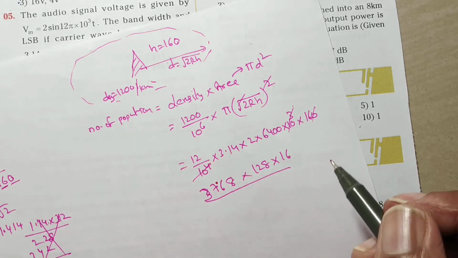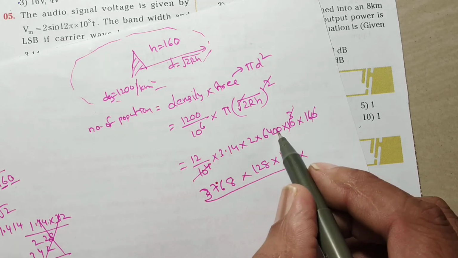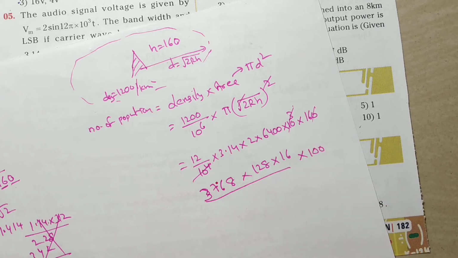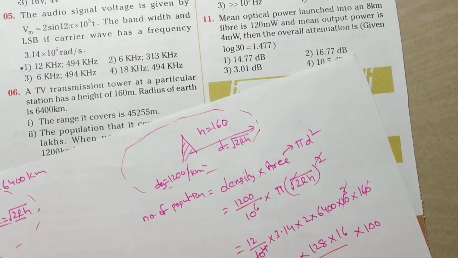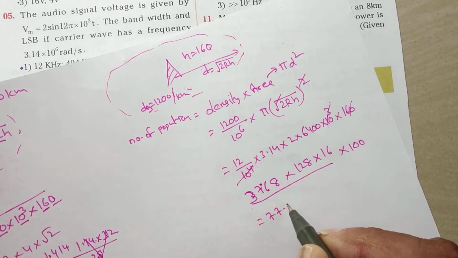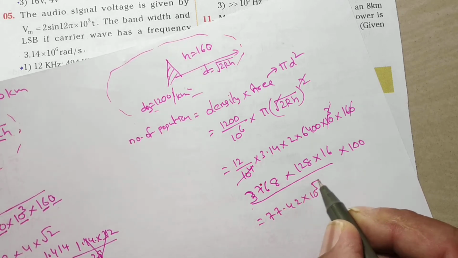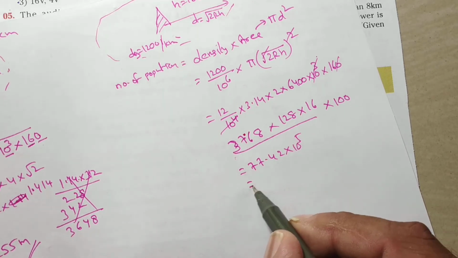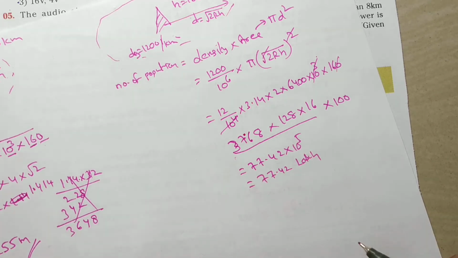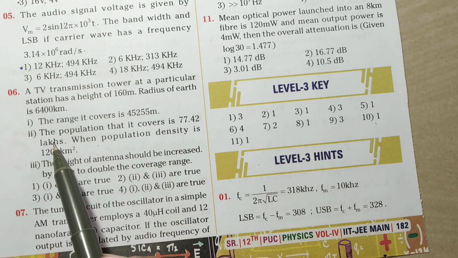The 4 gets cancelled, 100 is left. Now if you do the cancellation, I have solved and got 7742 into 10 to the power of 5. So that means 7742 lakhs of people are present. So the second option is also correct.